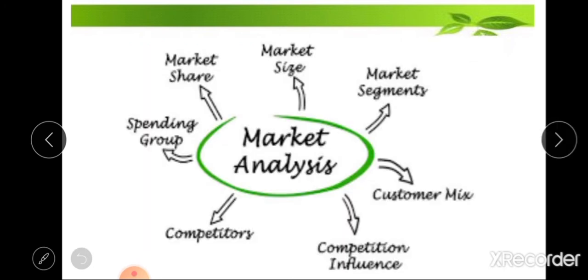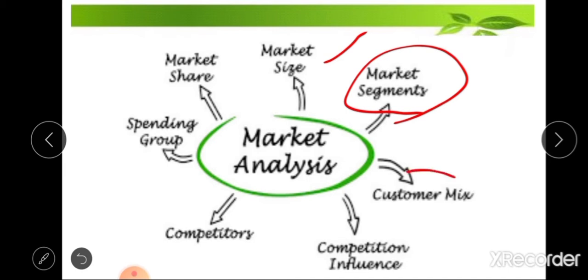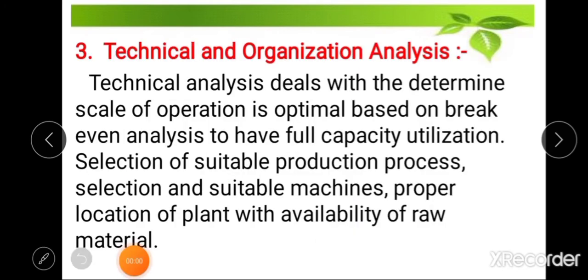In market analysis we can analyze the market according to market size, market segment, that means according to different consumers there are different segments in a market, then customer mix, competition influence, competitors, spending groups and market share. So from these different views we can analyze the market. This is all about market analysis.